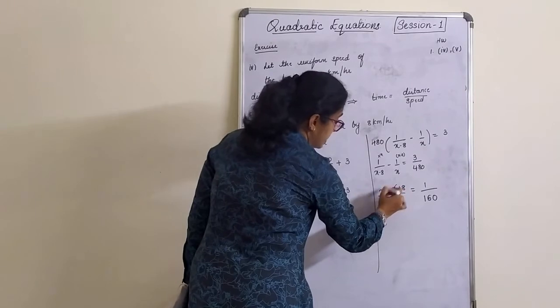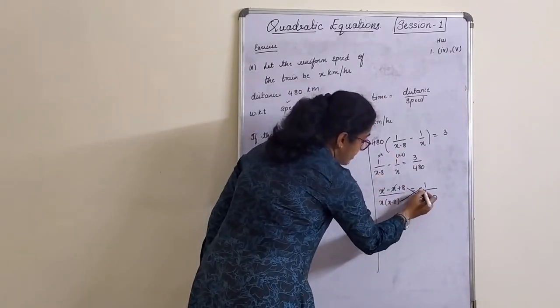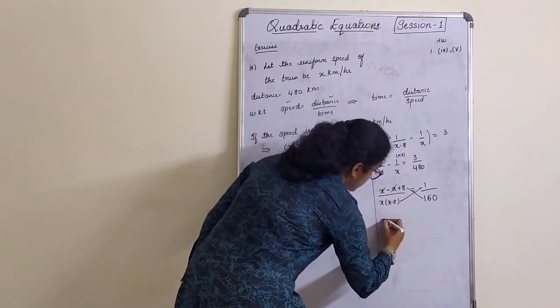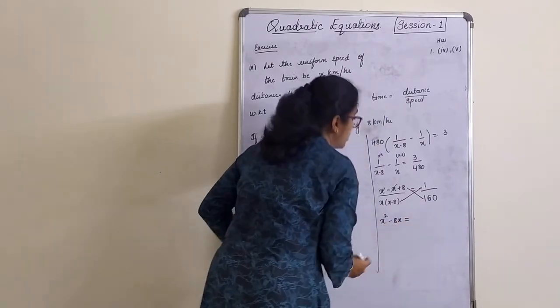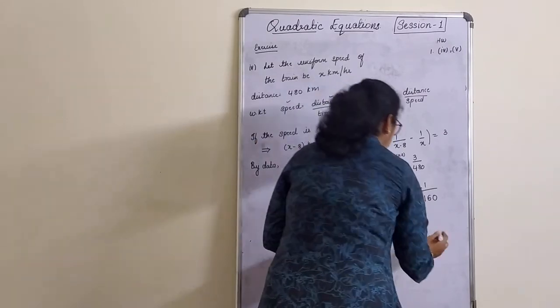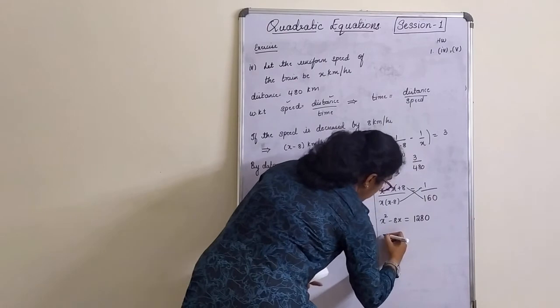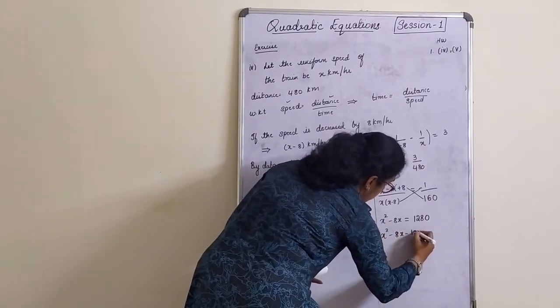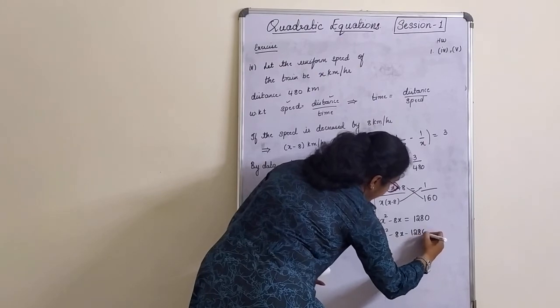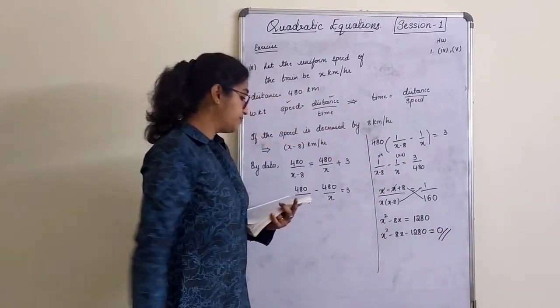Where x and x will get cancelled, only this will remain. Let's cross multiply with this. x into x square minus 8x is equal to 16 eights are 128, 0. So x square minus 8x minus 1280 is equal to 0 is the equation you will get.